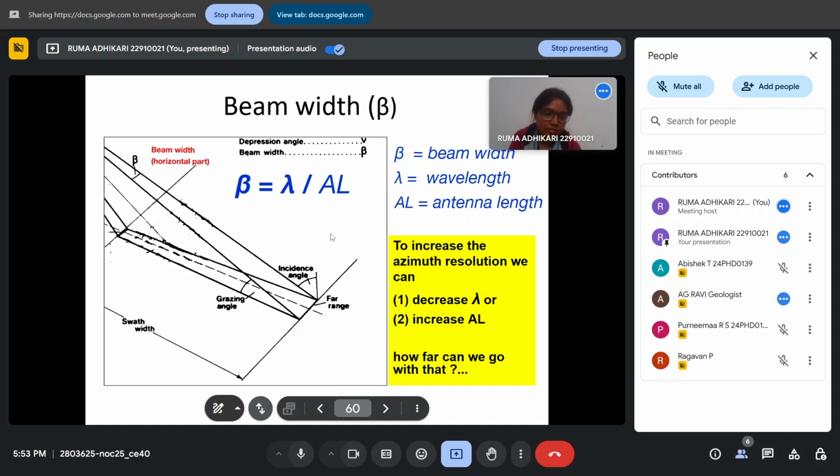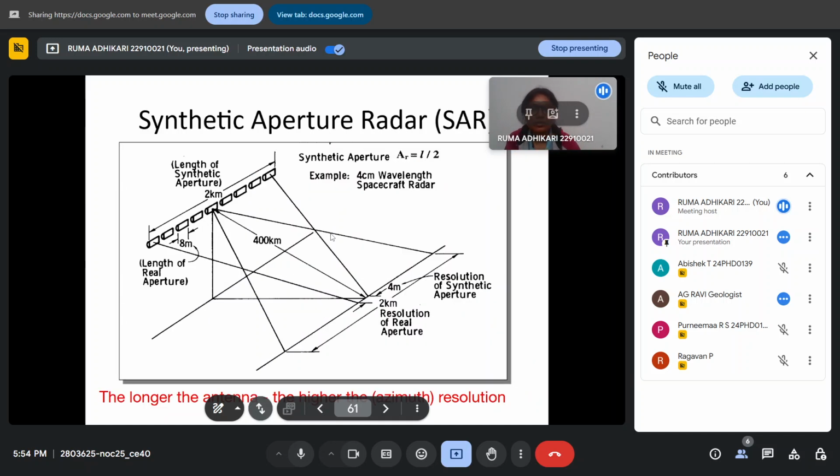It is just measuring the distance. But azimuth resolution had a limitation, and this way we wanted to overcome it.